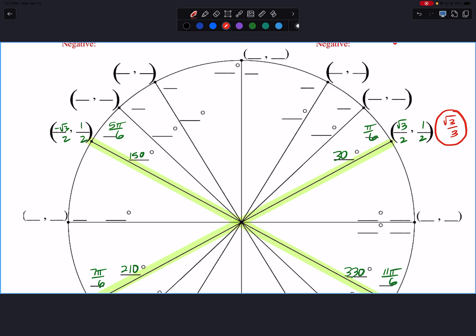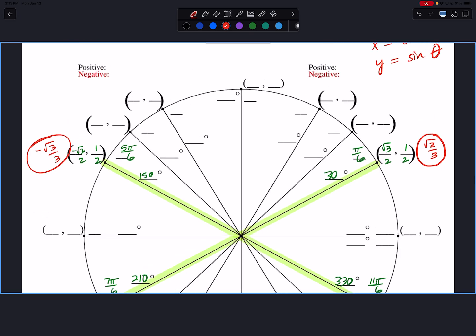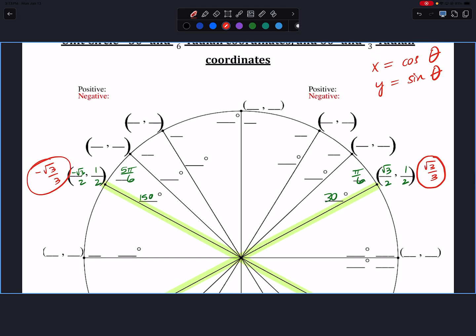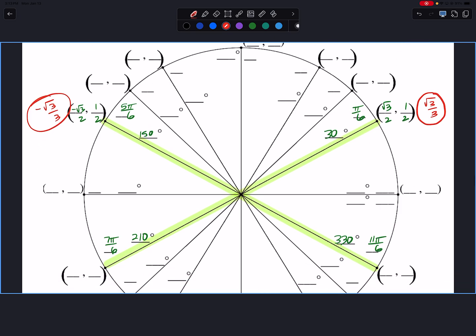Negative, so this is going to be negative square root 3 over 3. Okay, what about quadrant 3?